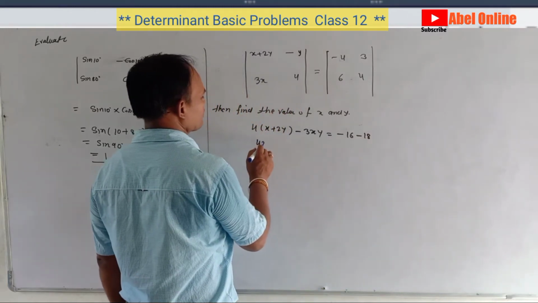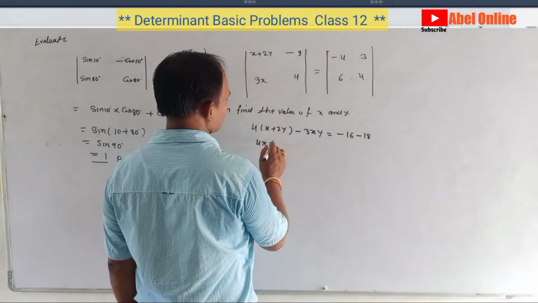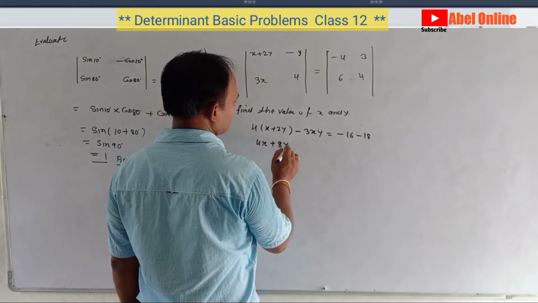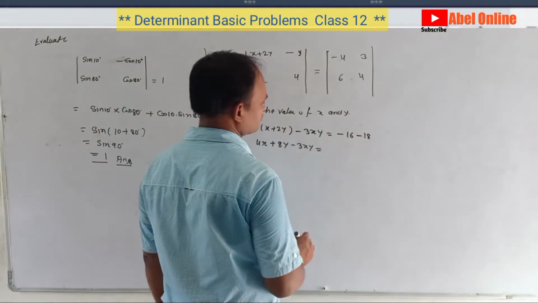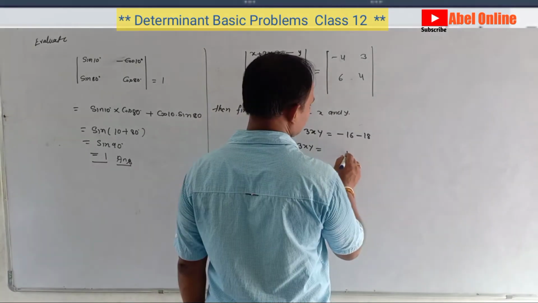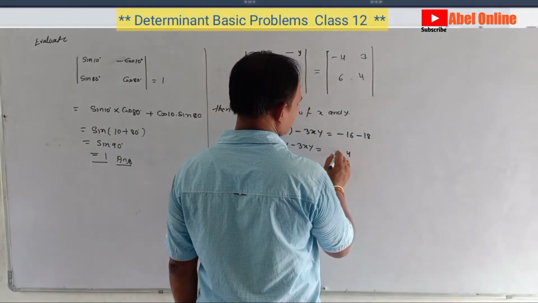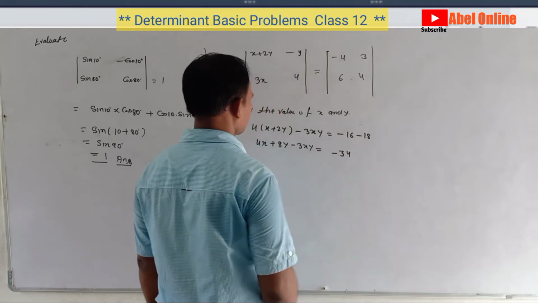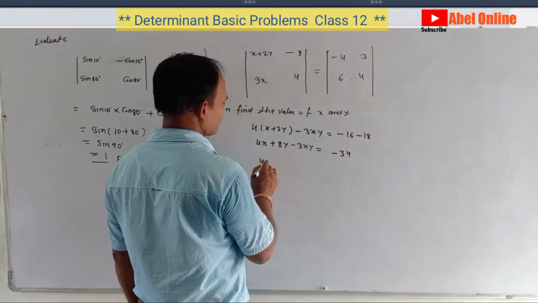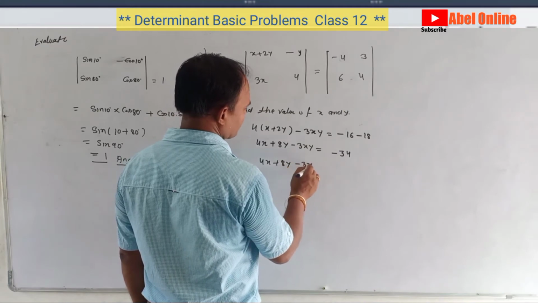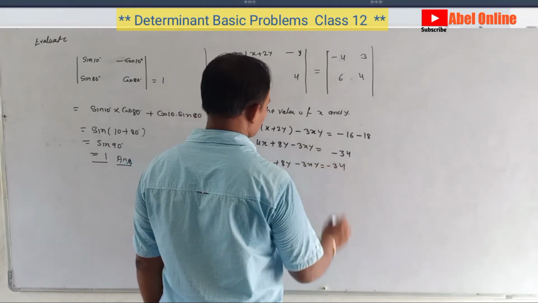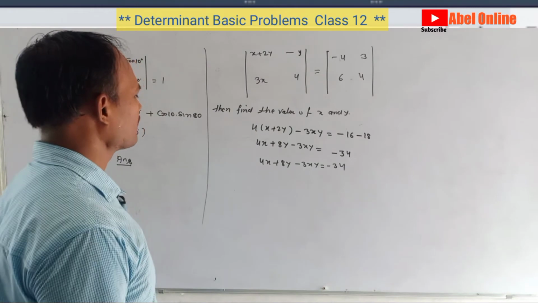So it is 4x plus 8y plus 3xy equals minus 34. So students, this is the equation.